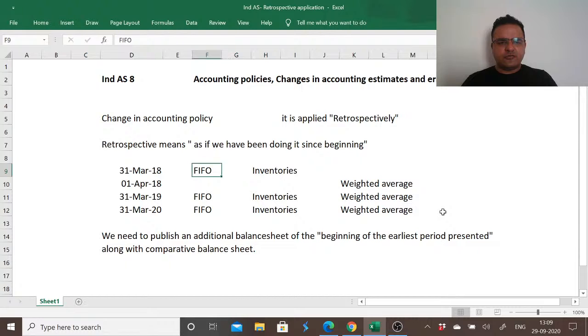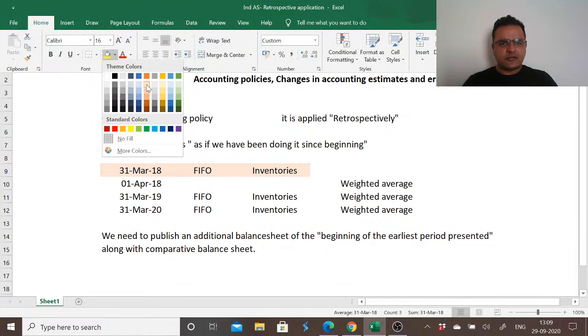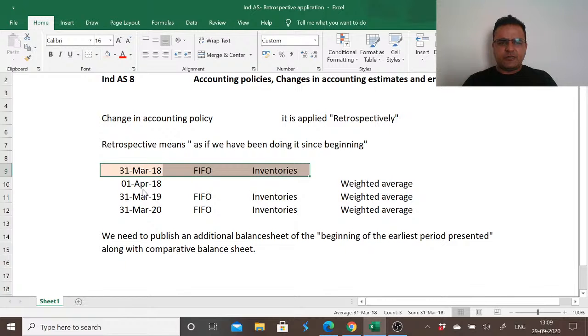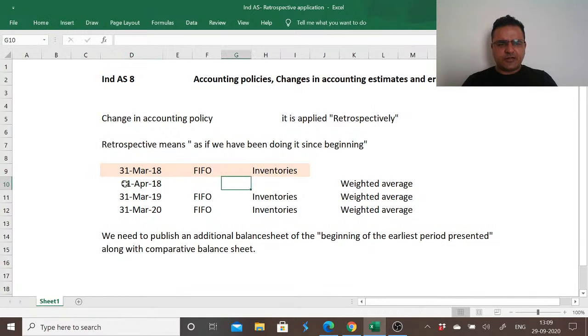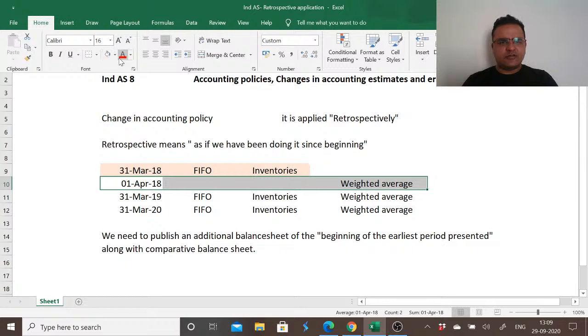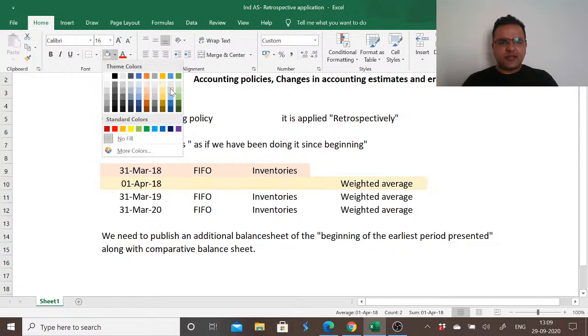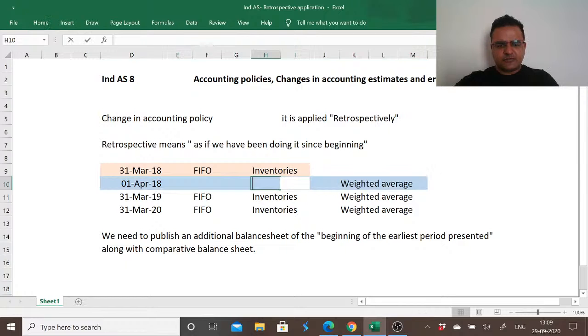Now this balance which was calculated on 31st March 18 is recalculated as change in accounting policy, and this is measured on 1st April 2018 under weighted average now.